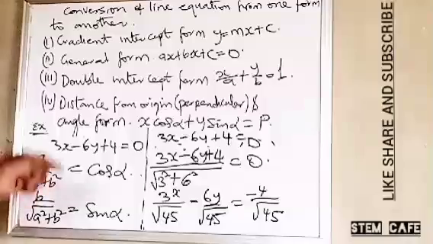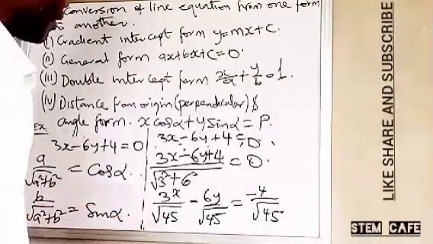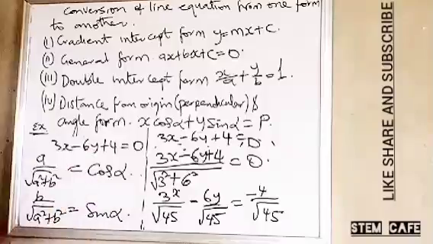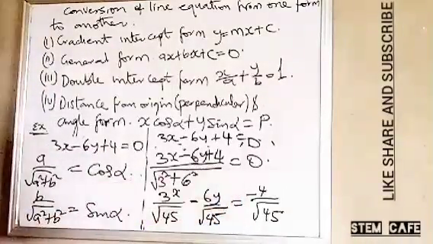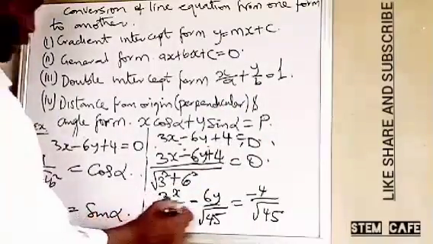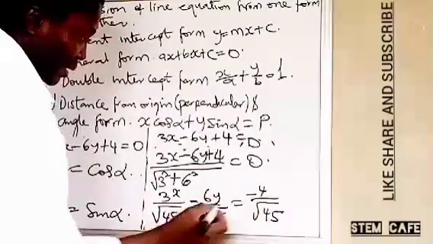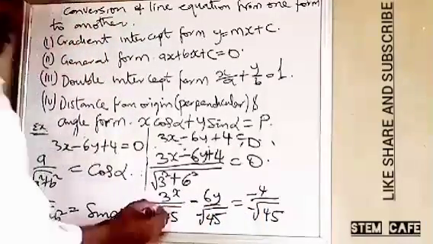Please, I want to call your attention to something which I did not explain initially. Root of 45 can be positive or negative. So we take the one that corresponds to this sign here, so that our p will be positive. For this one, I rather take minus, minus.